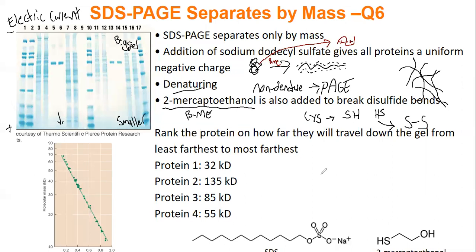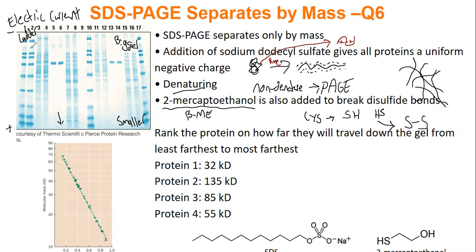And by doing SDS-PAGE and by running a ladder, and what a ladder is, it's just a sample with proteins of known molecular weight. So you put in a sample and there's 10 proteins in there, and you know the weight of all those 10 proteins.